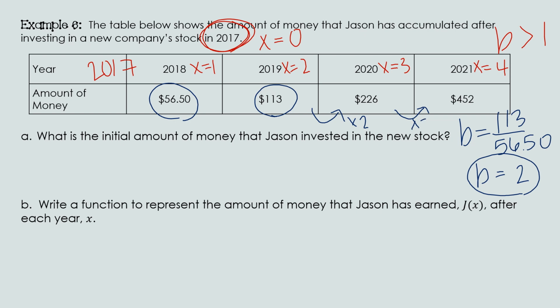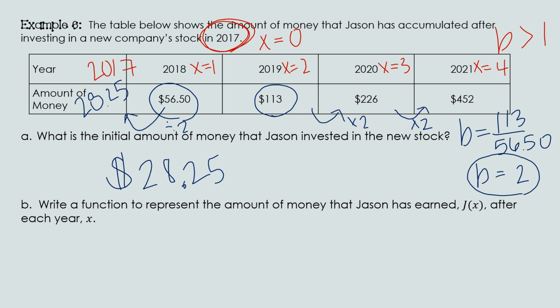If I multiply 226 by 2, I get 452. So in order to go backwards and find your y-intercept, we would just need to divide by 2. So that gives me $28.25, which means that that is the initial amount that he invested into this account.